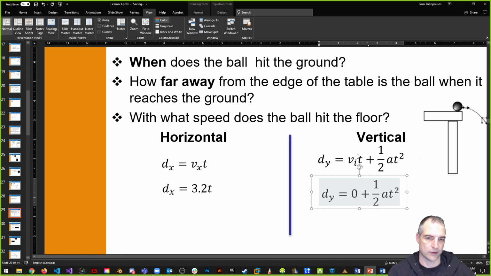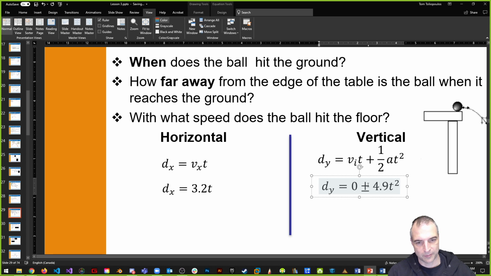Okay, why? Because if Vi, the velocity initial across the y-axis, is 0, we multiply it by time. 0 times anything is 0. We get a 0 in the first term, right? Then 1/2 a t squared. Okay, so we have this information, initial. We also know what gravity is. Gravity is negative 9.8, right? So we know that half of gravity is negative 4.9.